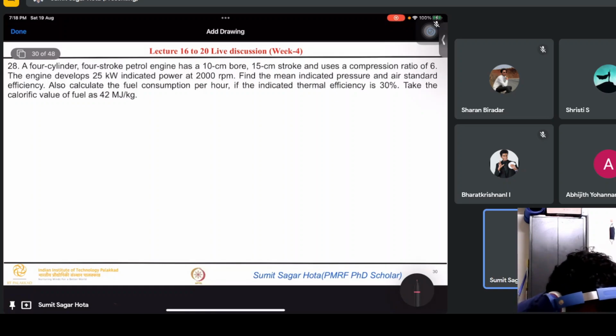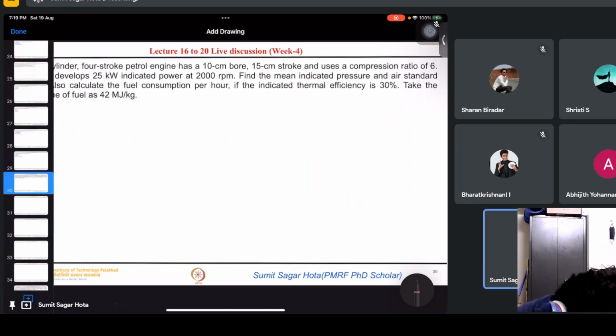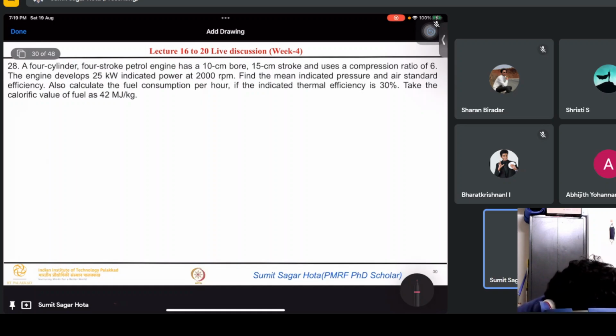A 4-cylinder 4-stroke petrol engine has a 10 cm bore, 15 cm stroke, and uses a compression ratio of 6. The engine develops 25 kilowatt indicated power at 2000 rpm.